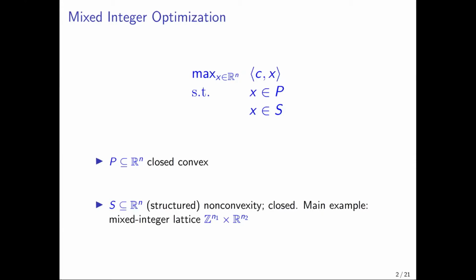And S denotes the non-convexities in the constraints. Most of our results are about the mixed integer lattice, but some of the theorems apply to more general non-convexities like complementarity constraints, for example. At this point, let's just say S is some closed subset of R^n, and we are trying to maximize a linear objective.